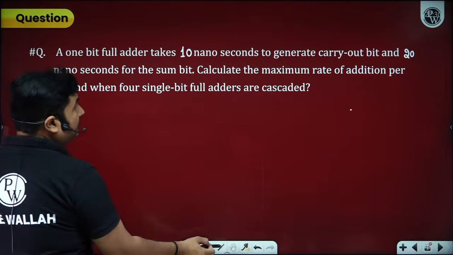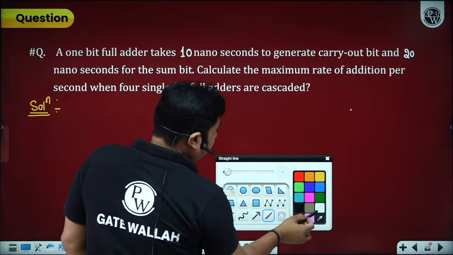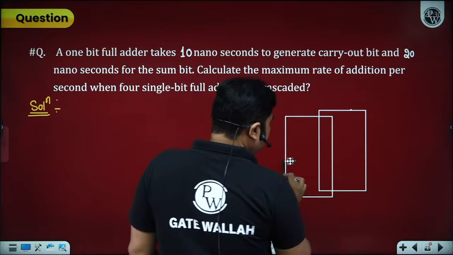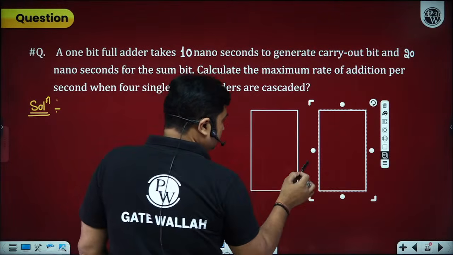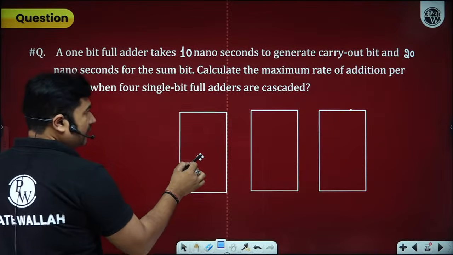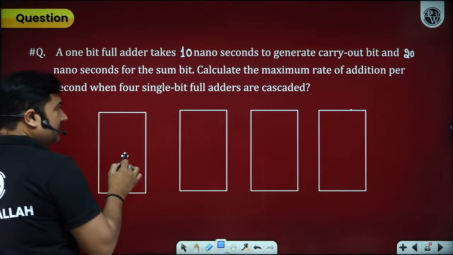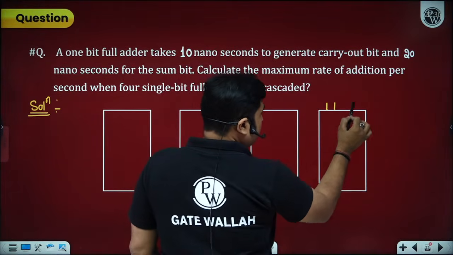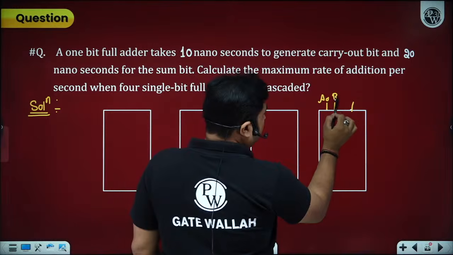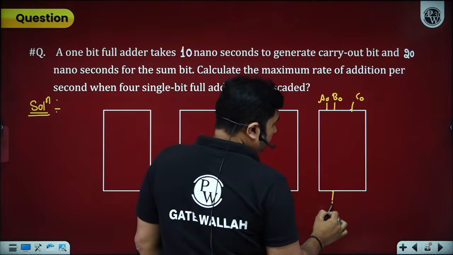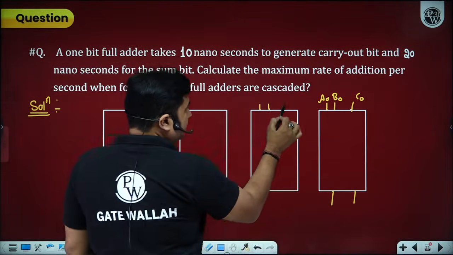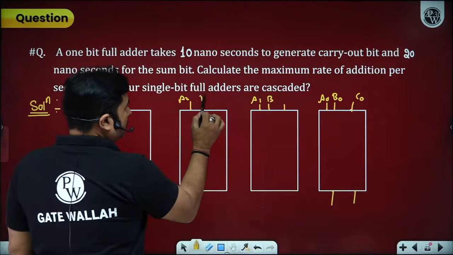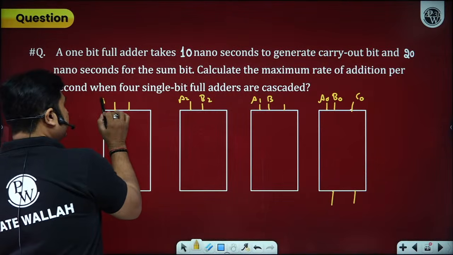Sir, we have a total of 4 single bit full adders. So 4 1 bit full adders means 1, 2, 3 and 4. A full adder will have A0, B0 and we have C0. Again we have A1, B1 and A2, B2 and A3, B3.